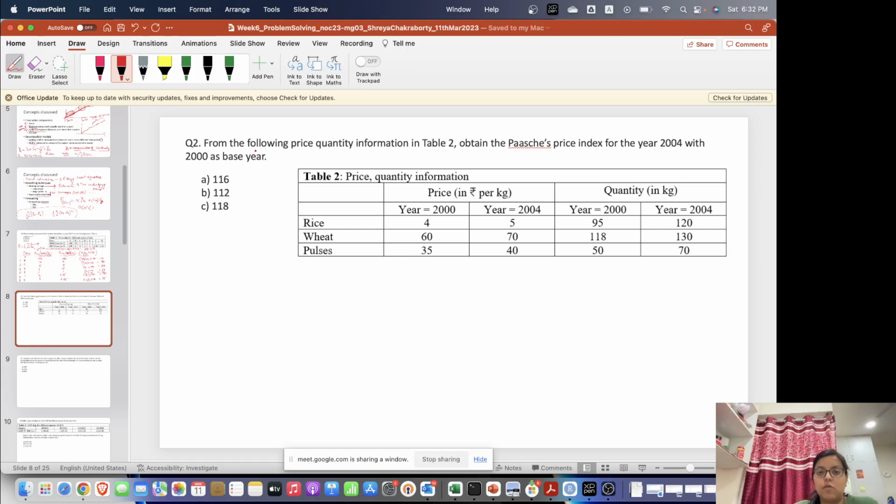So question 2 is: from the following price quantity information, obtain Paasche's price index for the year 2004 with 2000 as base year. So this is the price and quantity information.